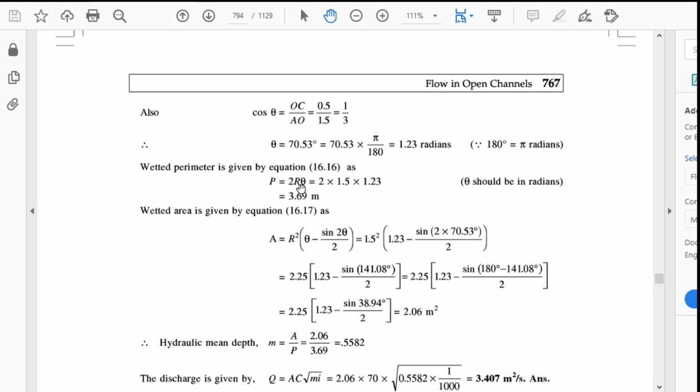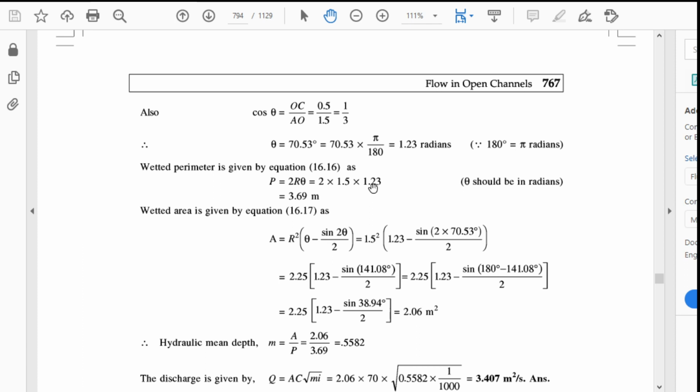Because in 2r theta, 2 is a constant and r is in meters, and if you take theta in degrees, it is not possible to multiply it.